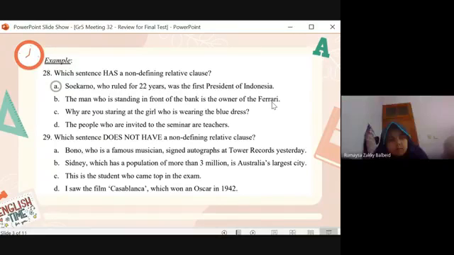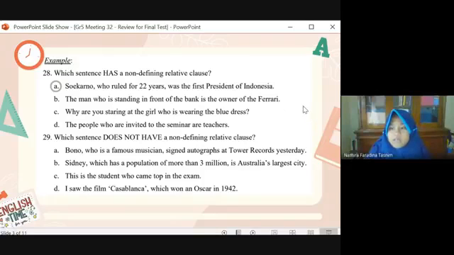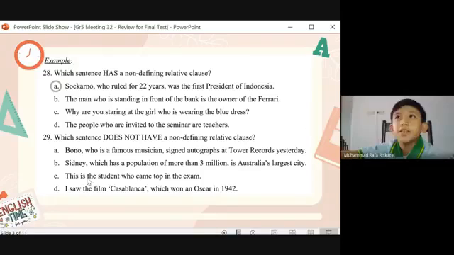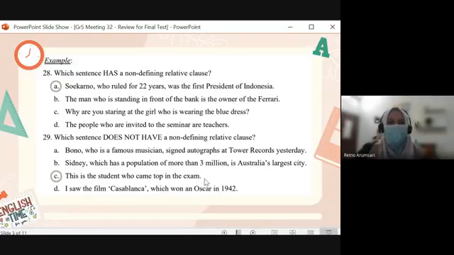All right. Number 29. Which sentence does not have a non-defining relative clause? Yes, it's C. That's right. This is the only sentence that doesn't have a comma. The other sentences have commas like this: Bono, comma, Sydney, comma.